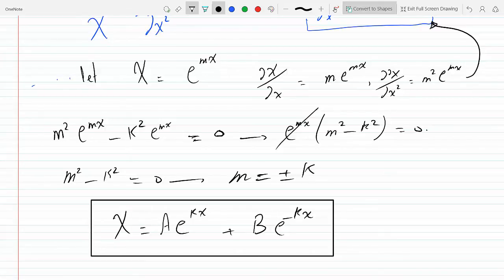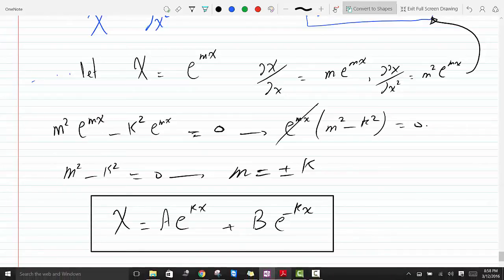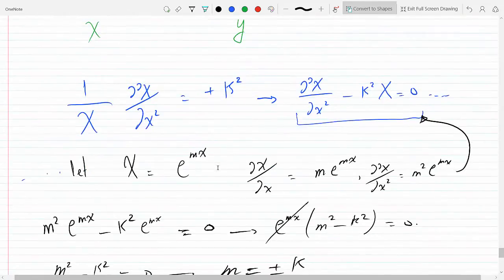You want to attempt the y now? So now we're done with the x. So this is how you solve it for the y. Yeah, exactly what you said is correct.